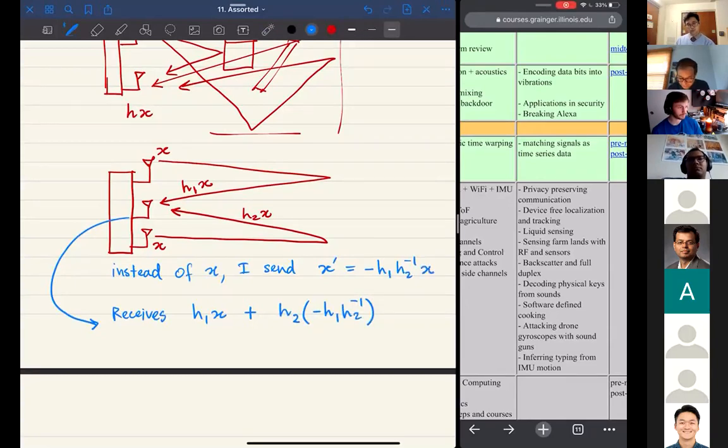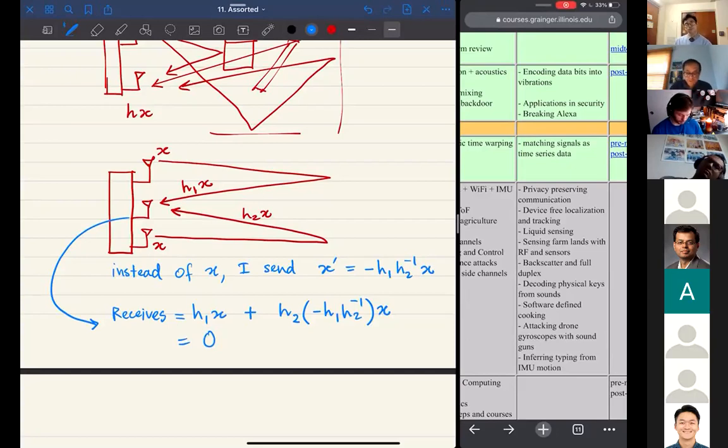Sorry, there's an X over here. Agreed? What is this signal? Remember, convolution is commutative. So what do you receive? It should just be 0, right? 0. Make sense?